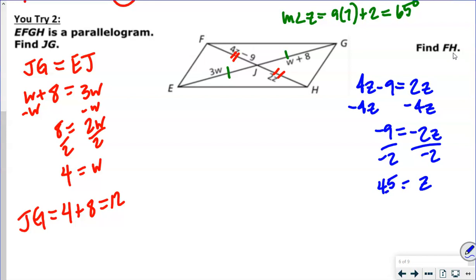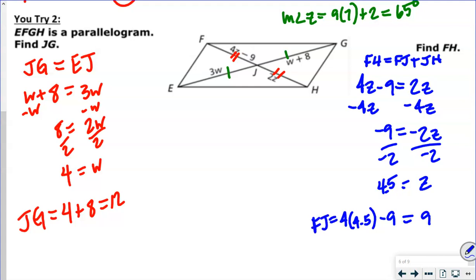So now it's asking us for FH, right? To find FH, we're going to add these two parts together. So FH is going to be equal to FJ plus what? JH, right? Okay, so let's go ahead and do that. 4 times 4.5 would be 18 minus 9, and that's going to be 9, and that's going to be FJ.